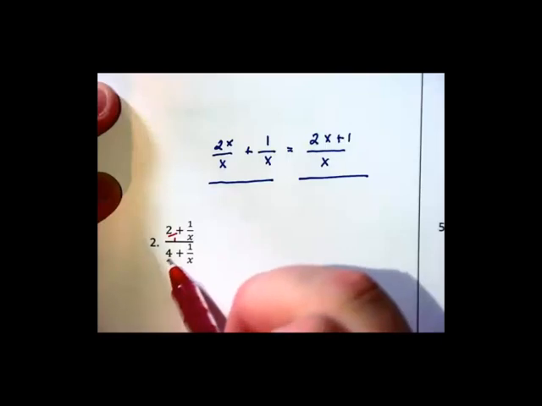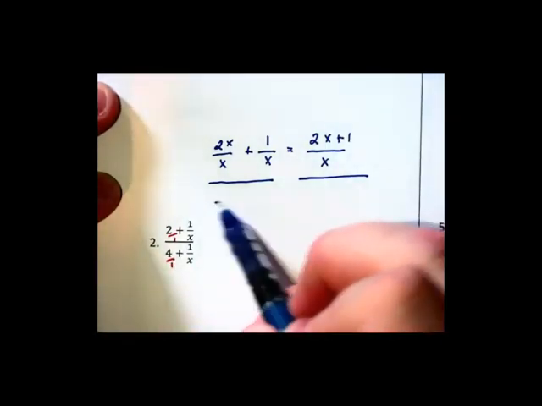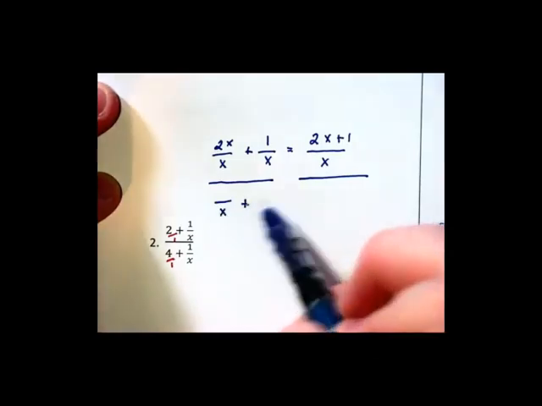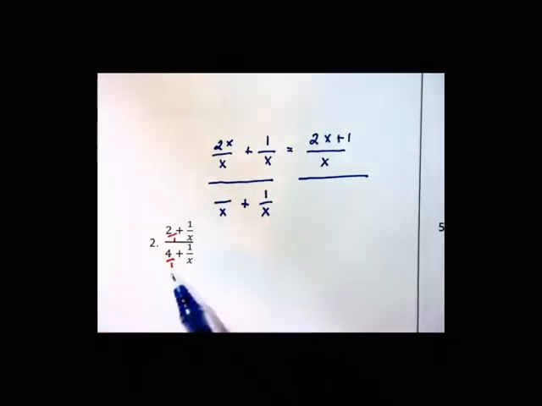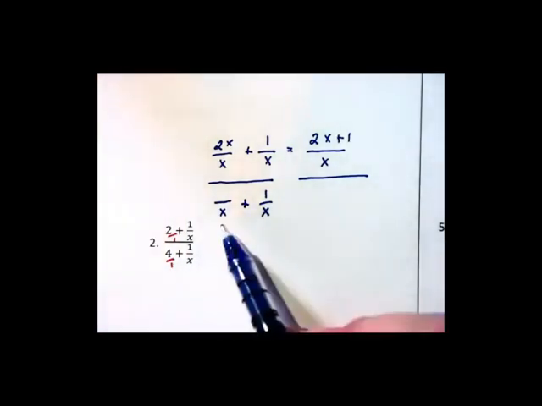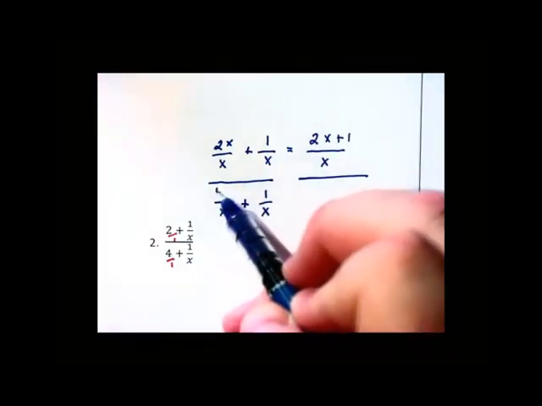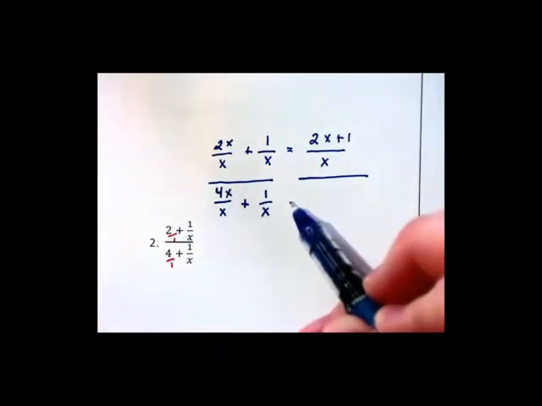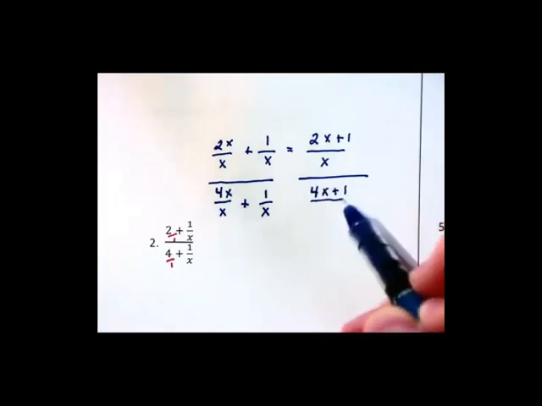This is 4 over 1 plus 1 over x, and each of these can be written over x, and the second one is already over x. In the first fraction, to go from 1 to x down below, we multiplied by x, so up above 4 times x makes 4x, and adding across now we're going to get 4x plus 1 over this x.